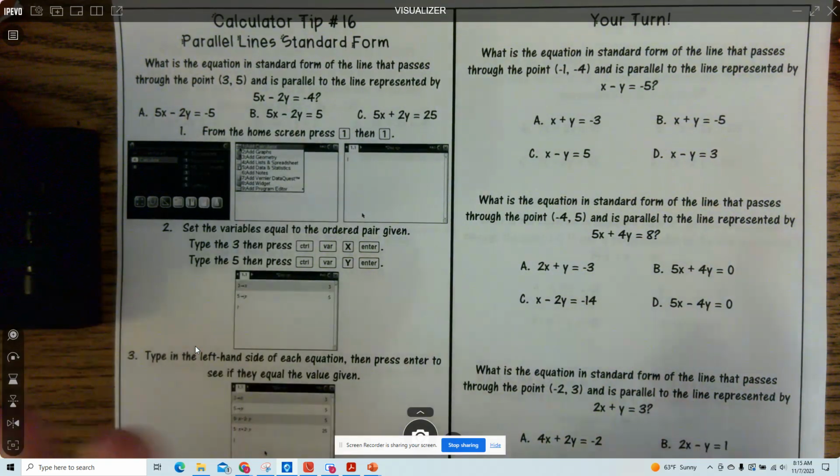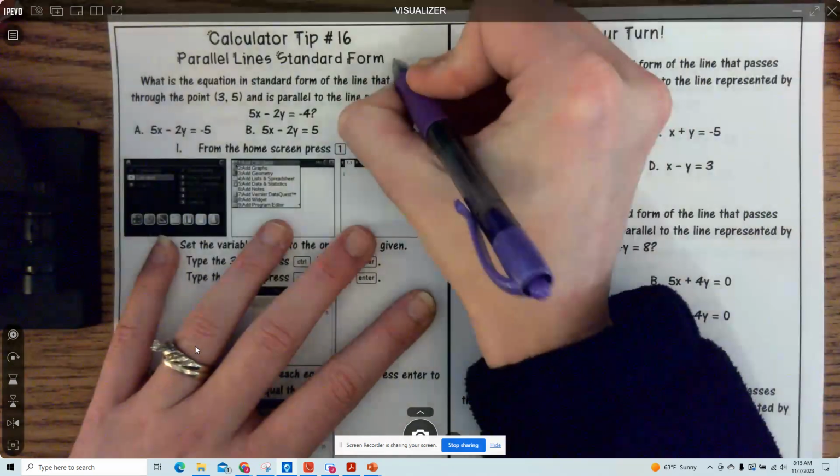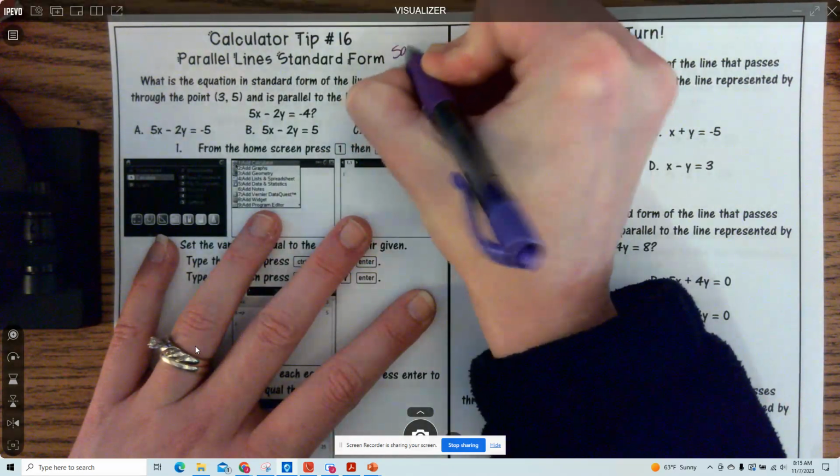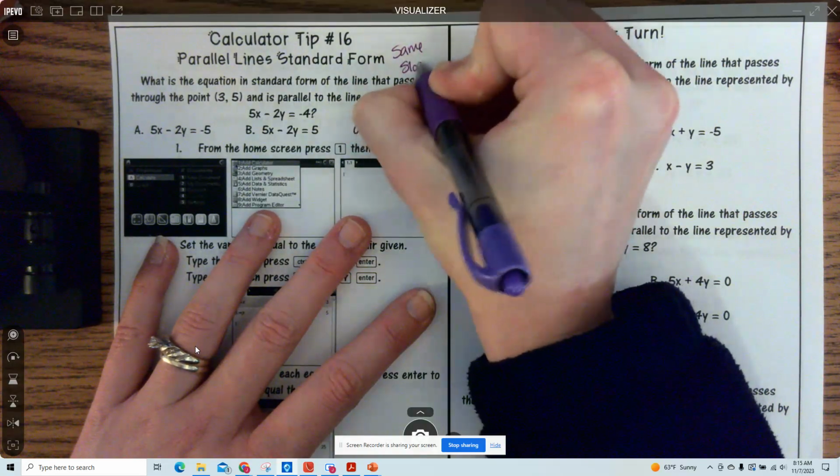So first off, parallel lines, same slope or different slope? Same. So they're going to have the exact same slope.